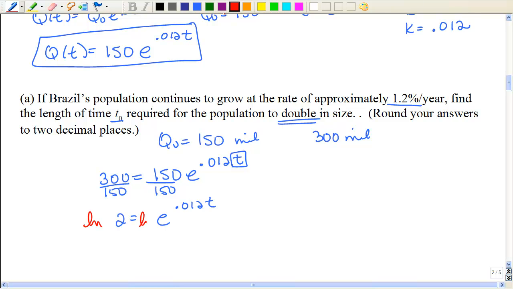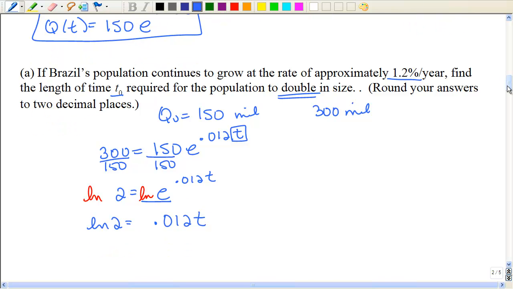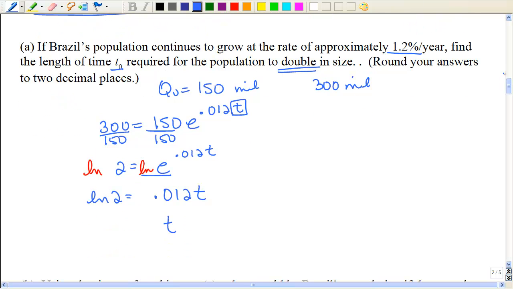So one more time, we're going to take the natural log of both sides. And keep in mind, those cancel each other out, so you just have that exponent. And then we need to solve for T. And then once again, go to the calculator and type that in.